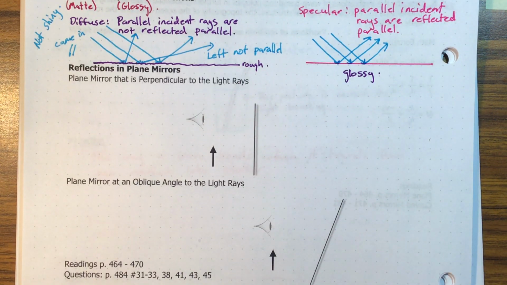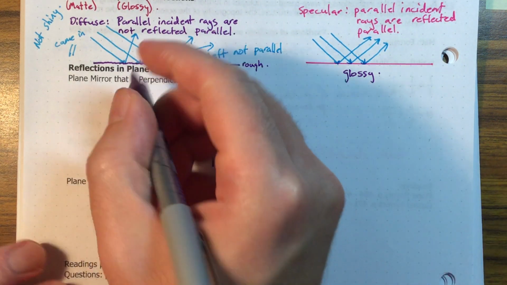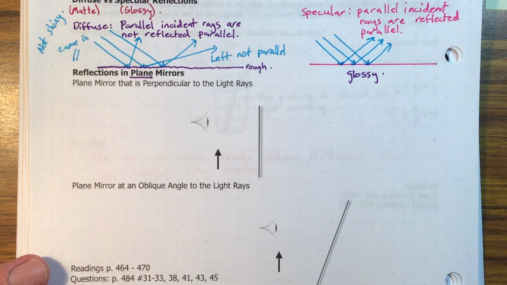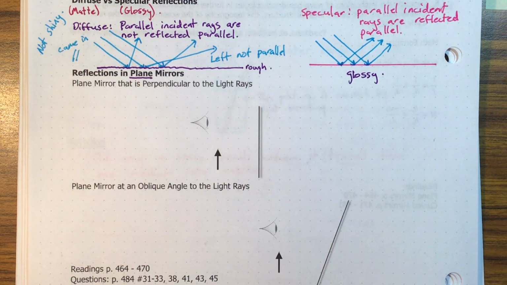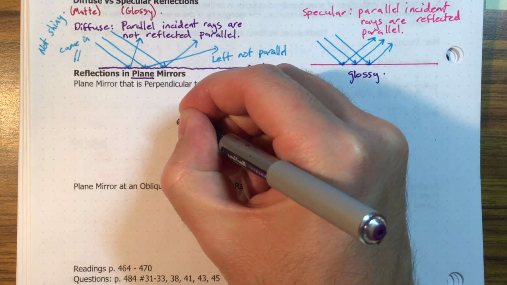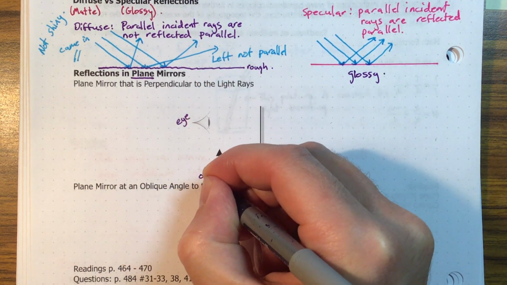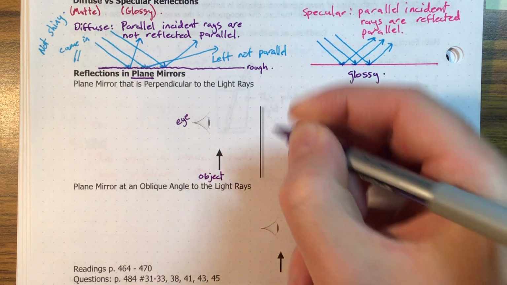Right, so reflections in plane mirrors. Plane mirrors just means flat surface mirrors. Okay, so here we've got three objects. We've got an eye. We've got an object. We've got a mirror here.